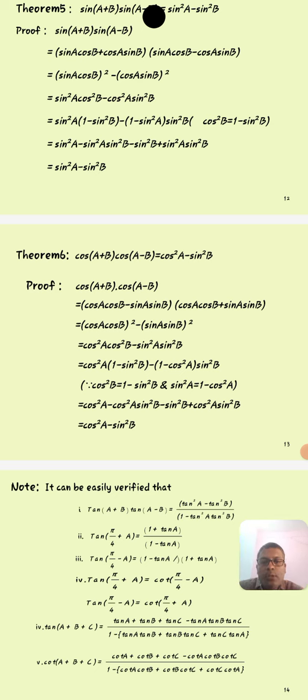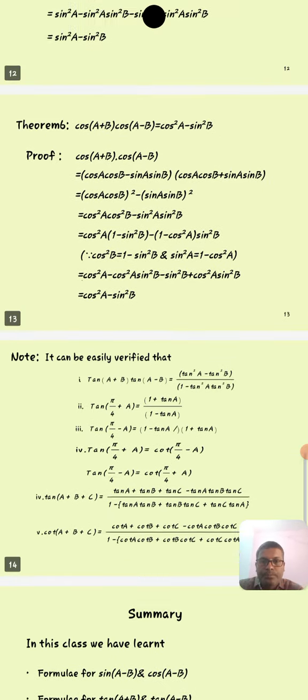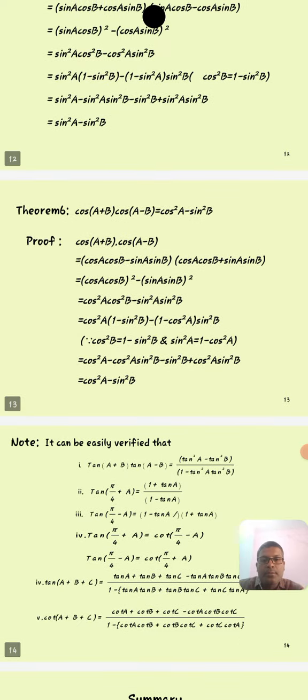So you have to remember these two important formulas. Sin of a plus b into sin of a minus b is equal to sin square a minus sin square b. The same, cos of a plus b into cos of a minus b is equal to cos square a minus sin square b. So, very important formulas. Using these formulas we have to solve different types of problems. The next exercise problems.